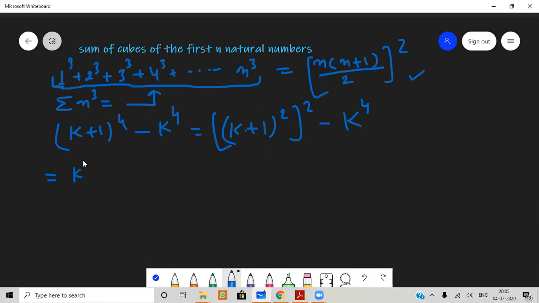So the expression will be (k squared plus 2k plus 1) squared minus k to the power 4.